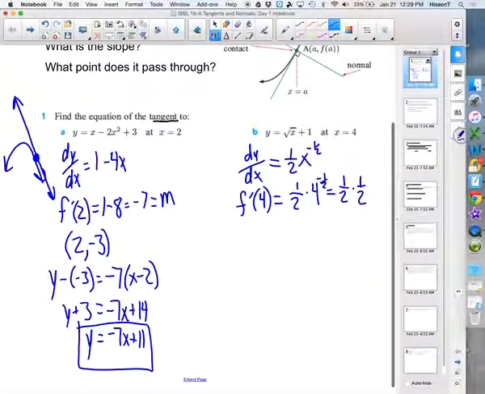So our slope here is 1/4. I know the point. The point is the point 4 something. Well, what is it? 4.